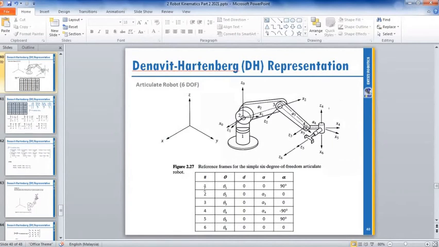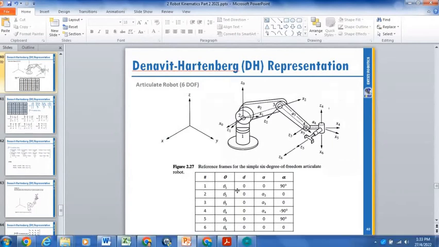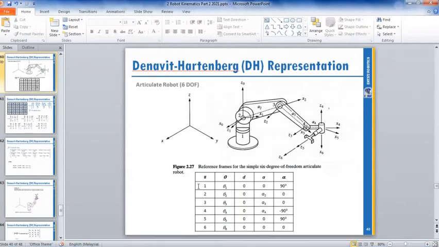Okay, actually this one, how do we write this? Joint one is from frame 0 to frame 1, that means Z0 to Z1. So we know that this rotates counterclockwise, rotate 90.